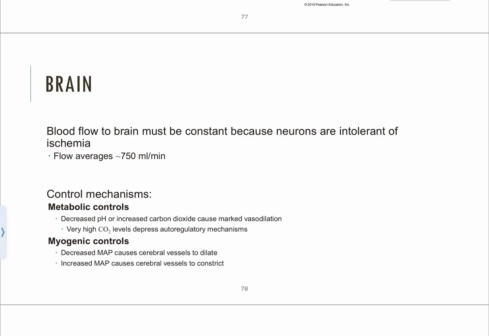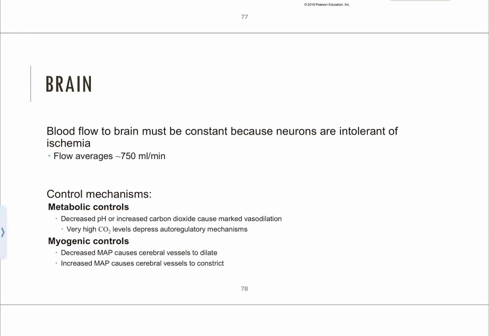And what those are going to cause is vasodilation. Again, we need more blood flow to that area to deal with the increasing amount of metabolic waste products we have. If we have very, very high carbon dioxide levels, that can actually depress the autoregulatory mechanisms.